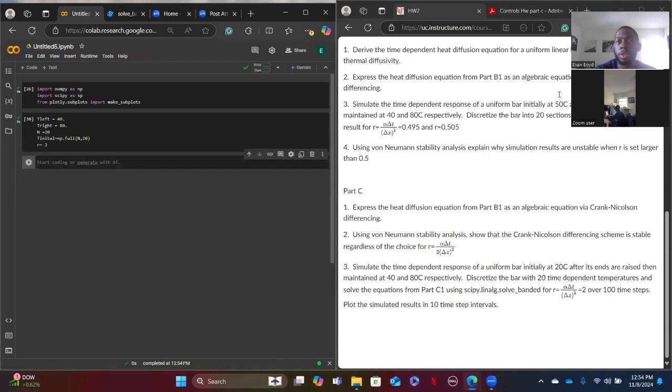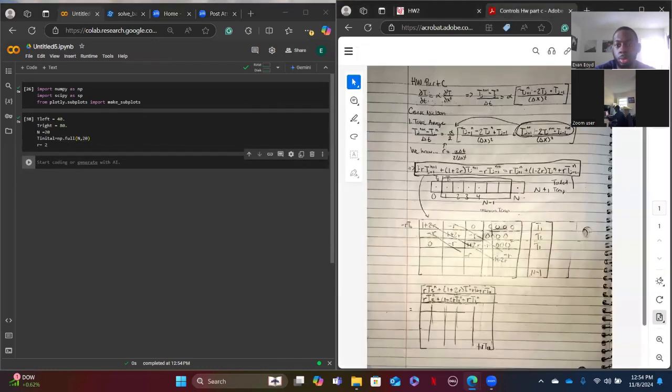So now let's go to this big equation here, our main equation, and let's start working this one step by step. So let's do the left-hand side. So the negative R times temperature J plus 1 and N plus 1 all the way over to the equal sign. So let's do our left-hand side. All right.